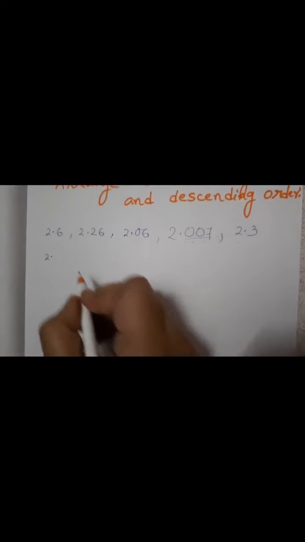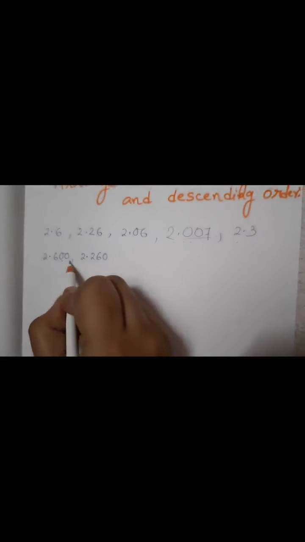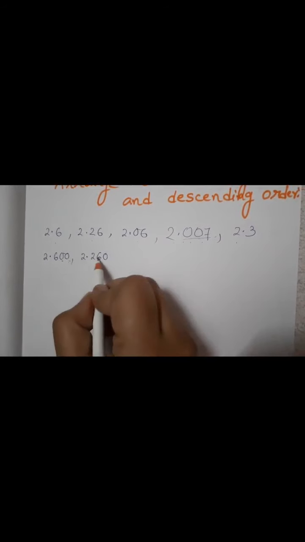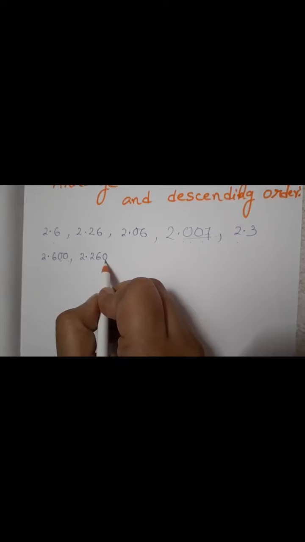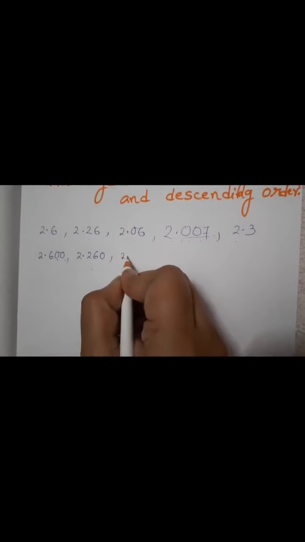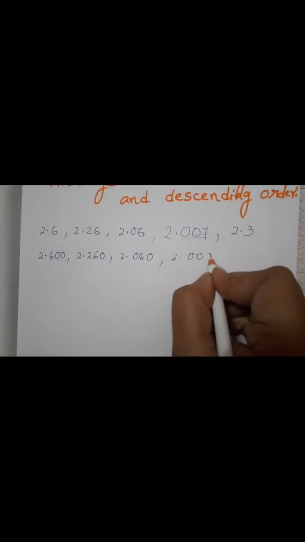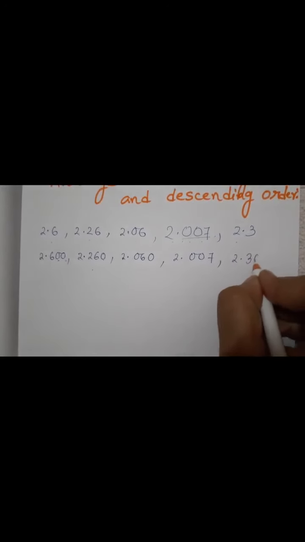That means this number will become 2.600, 2.260 we will write, then 2.060, then 2.007 will be the same, then 2.300.